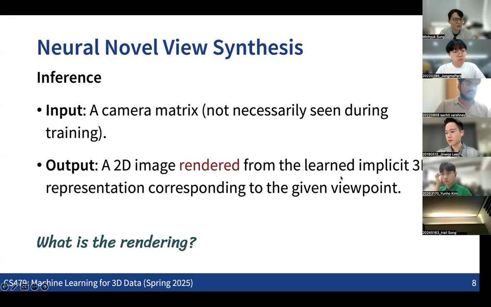So something here is that I'm just talking about rendering, right? Rendering is a process where we make a 2D image by projecting things in 3D onto the image plane. How we can project 3D information onto the 2D plane in a way that gives a realistic 2D image is all about computer graphics.